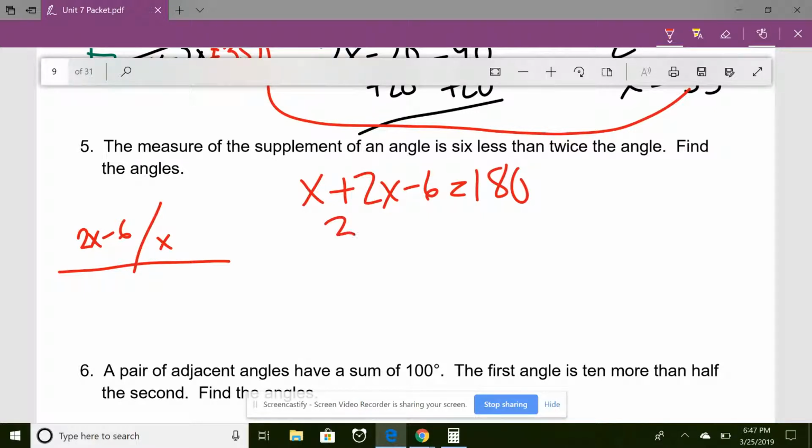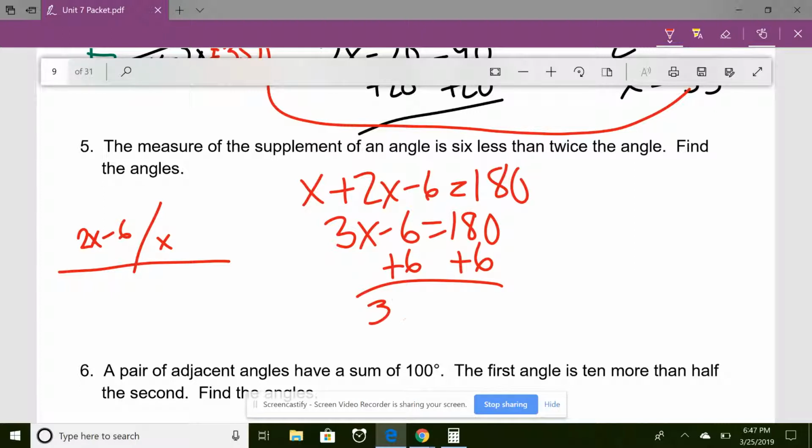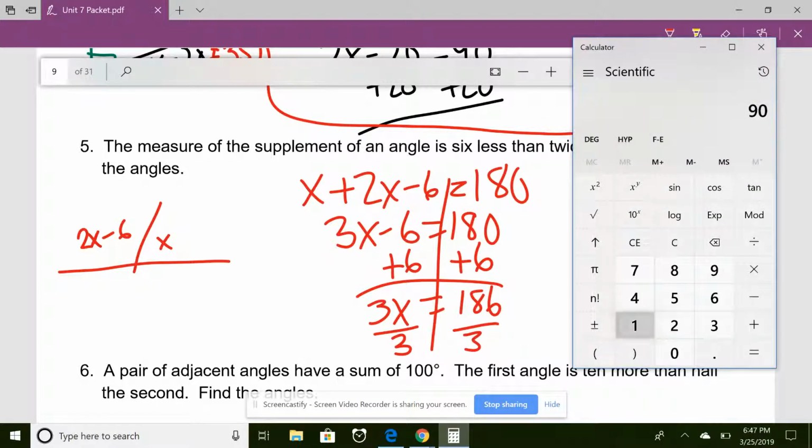Combine like terms. Add 6 to both sides. And then we get 186. Divide both sides by 3, and you get 62.